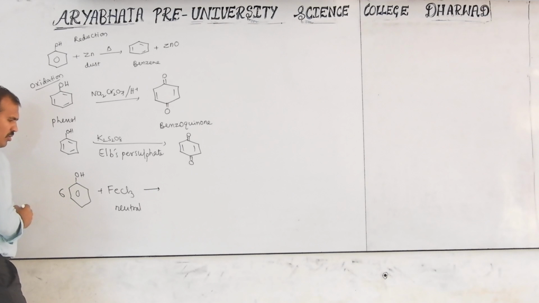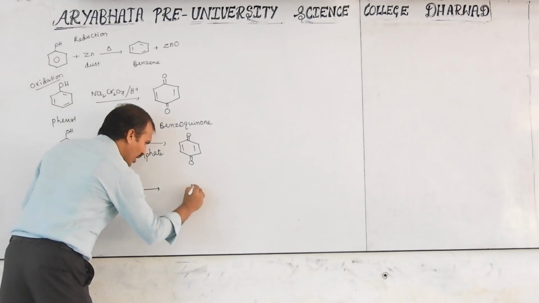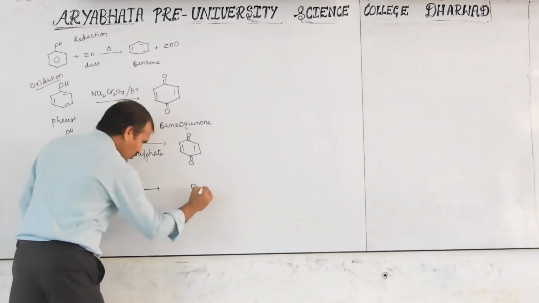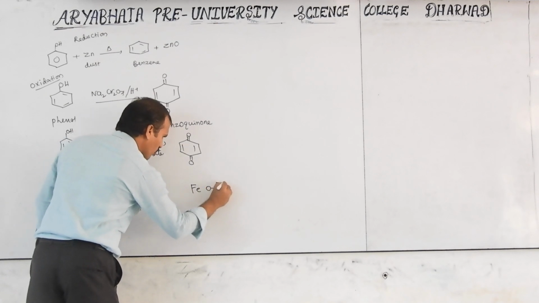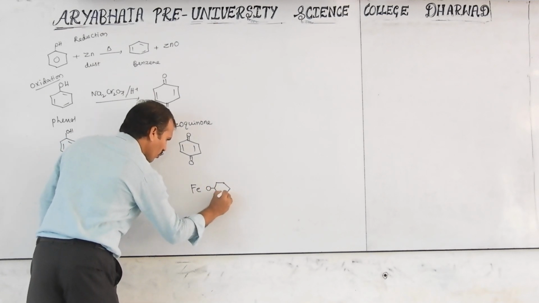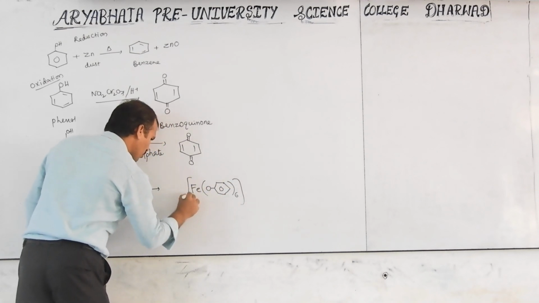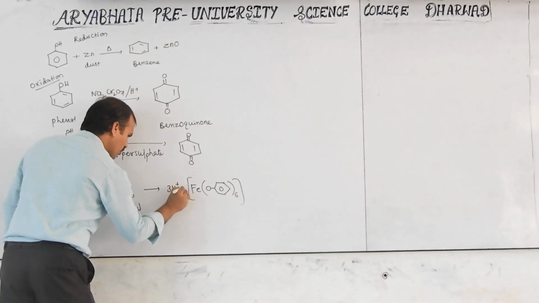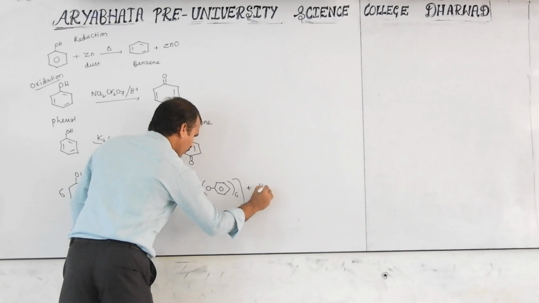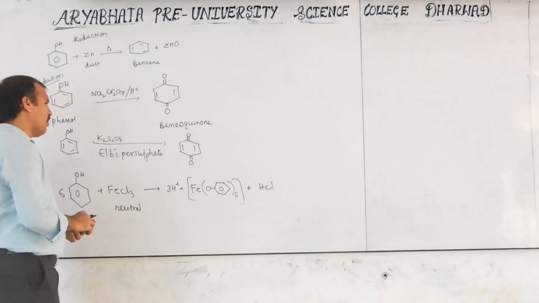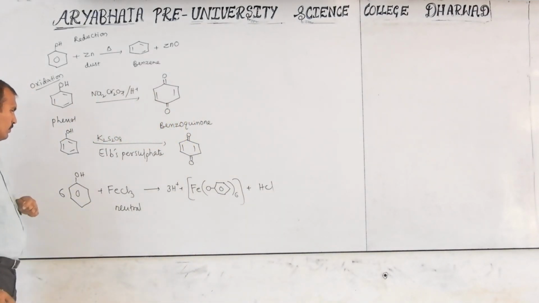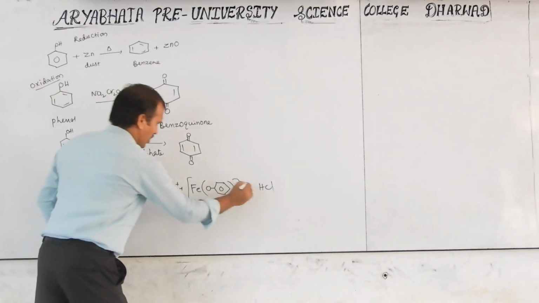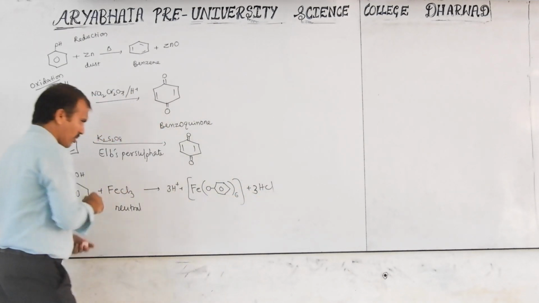Generally it is 6 moles. Then we will get Fe, three chlorine.